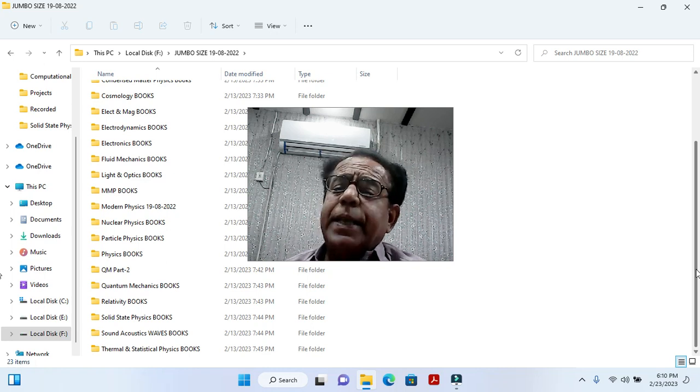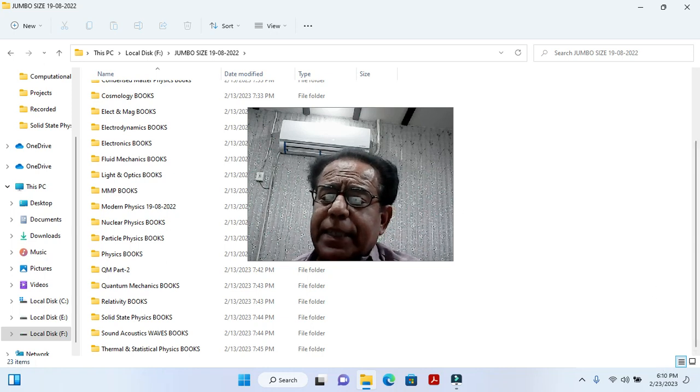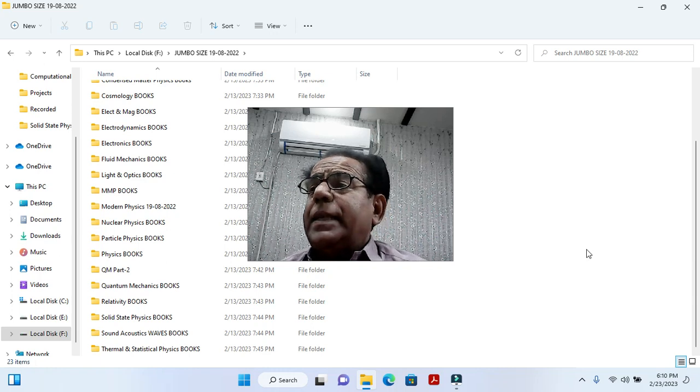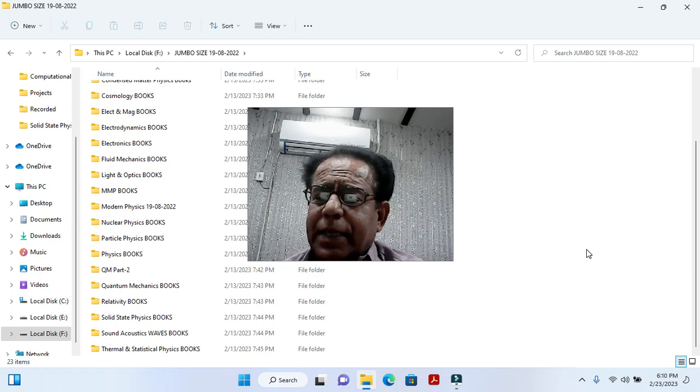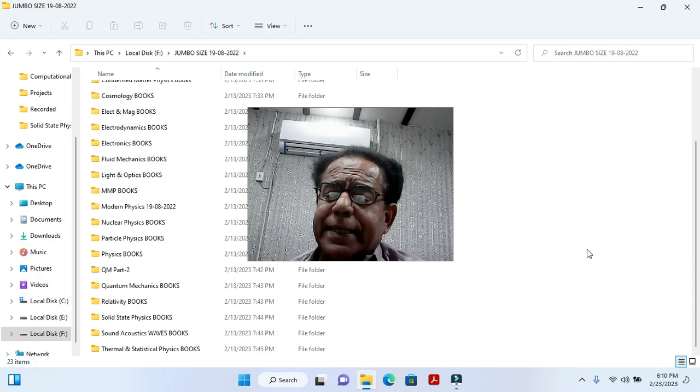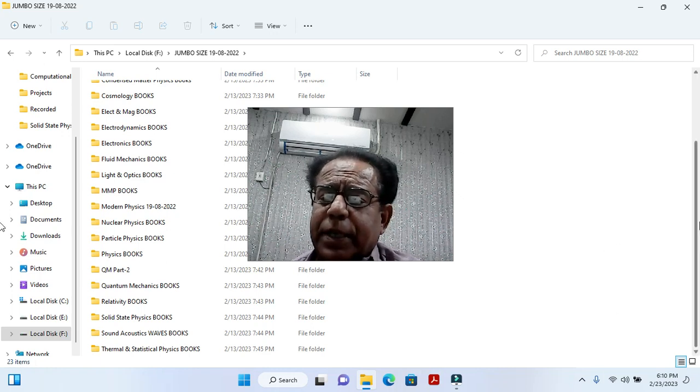Here I have saved all these books under the folder thermal and statistical physics, and the point I have stated earlier is that this folder can also be renamed as thermodynamics and statistical mechanics.